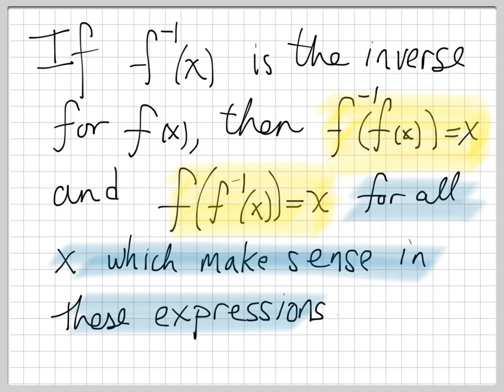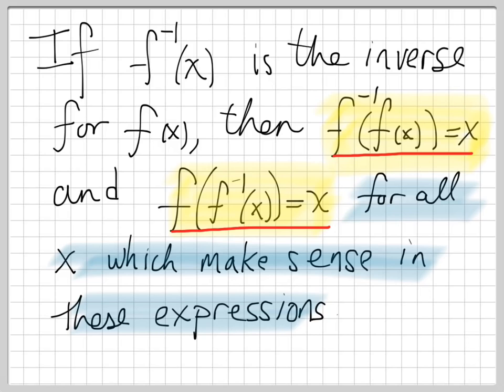So if f inverse is the inverse for f of x, then two things happen immediately and totally for free. f inverse of f of x has to be x, and f of f inverse of x has to be x. So a function and its inverse always undo each other. If you plug x into f, and then plug that into f inverse, you get x back. If you plug x into f inverse, and then into f, you get x back.